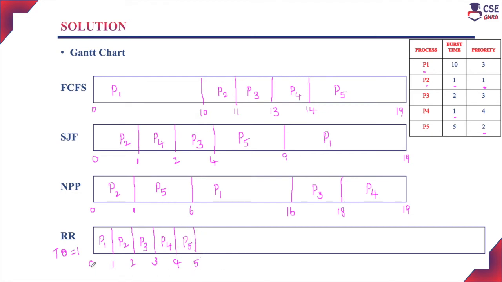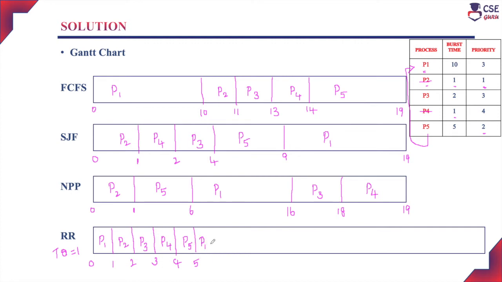Now all the processes have completed 1 millisecond of execution time with the CPU. Considering that process P2 has completed its execution and process P4 has completed its execution, and since it is a circular queue, it now moves to the first process in the job queue. So now the order is process P1, P3 and P5.